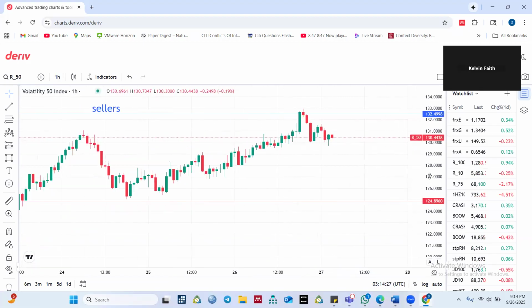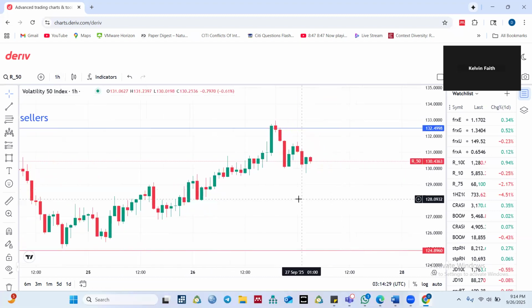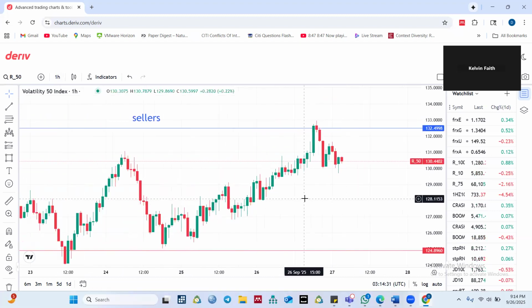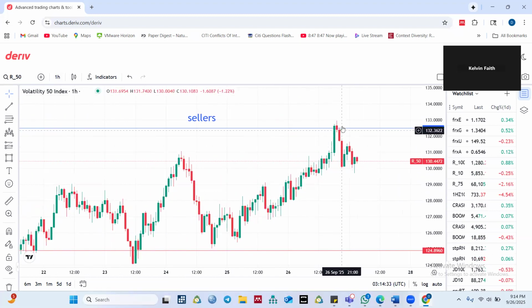So on 1 hour, this is what is happening. We have 1 hour has already engulfed the previous bullish 1 hour candle.